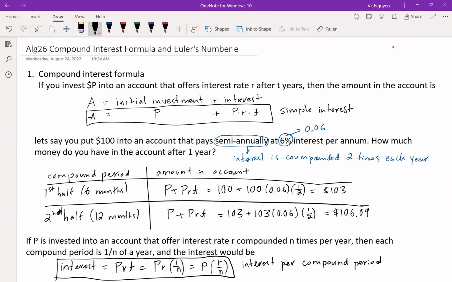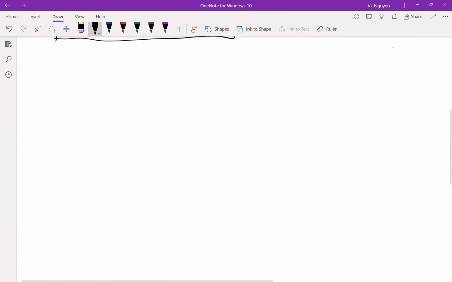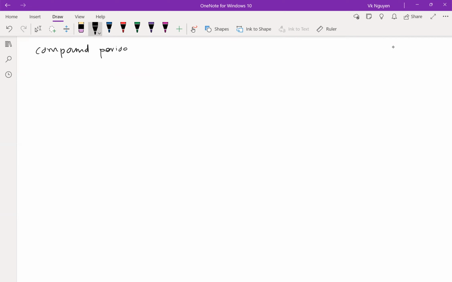Now we are ready to take a look at the compound interest formula. Okay, so we have the compound period, and on the other side, we have the amount in account.